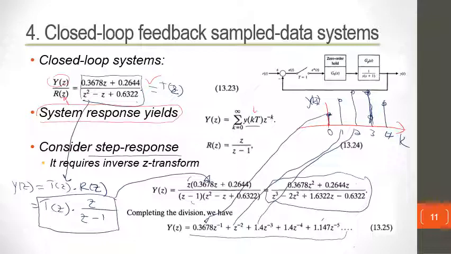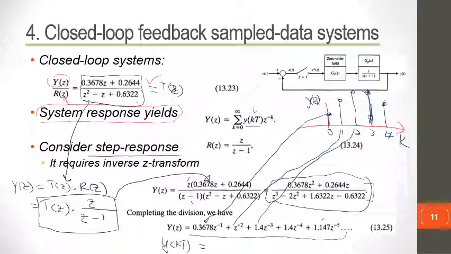But first, what we need to note is that in order for you to be able to assess the output, you need to be able to do this division. You need to be able to tell what y of kT is.